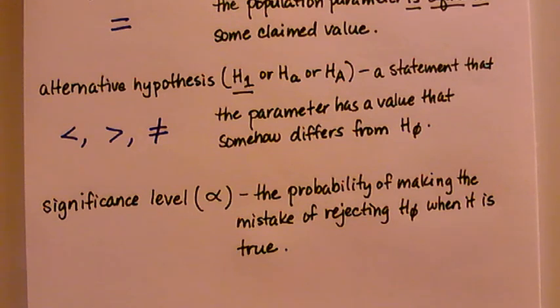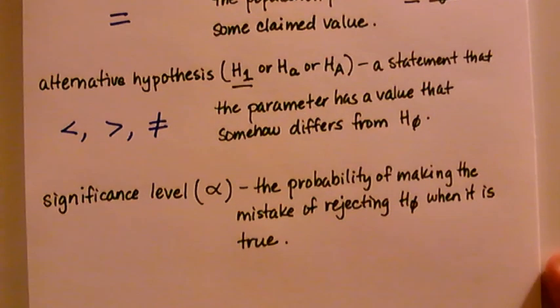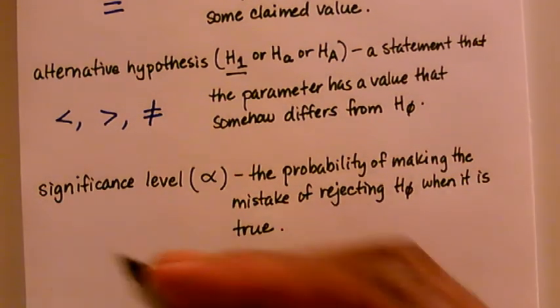Your significance level is going to be just that: the probability of making the mistake of rejecting the null hypothesis when it is actually true. Now, in the examples that you'll be doing, you will always be given a level of significance to use. And it'll state that in the problem.